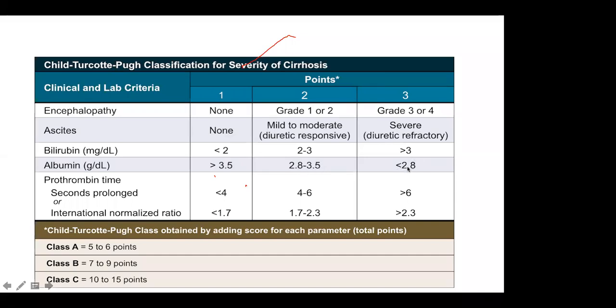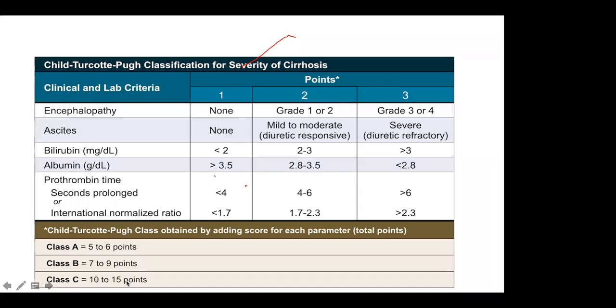If it is less than 2.8, this is 3. And the INR, for example, if it's less than 1.7, this is 1. Between 1.7 and 2.3, this is 2. And if it's more than 2.3, this is 3. And it's graded as class A, B, C. A is 5 to 6 points, B is 7 to 9 points, while C is 10 to 15 points.